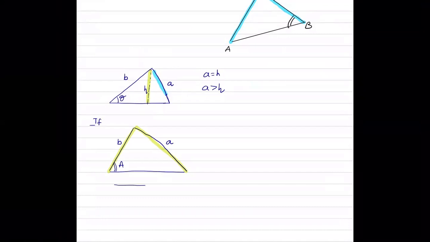So if the length of A is greater than the length of B, meaning the other side, then only one triangle is going to be formed. Okay, you can do this using construction, that if the length opposite to the given angle is greater than the other side, there's a possibility of only one triangle.